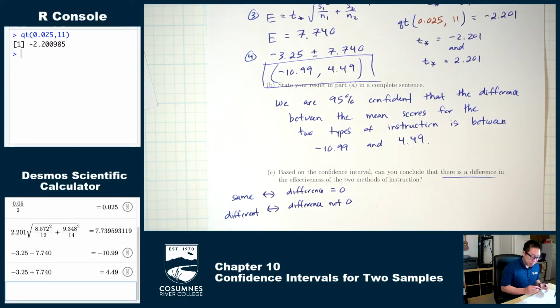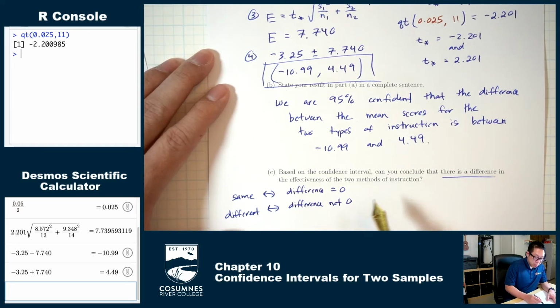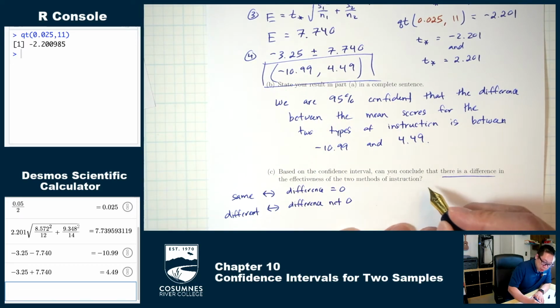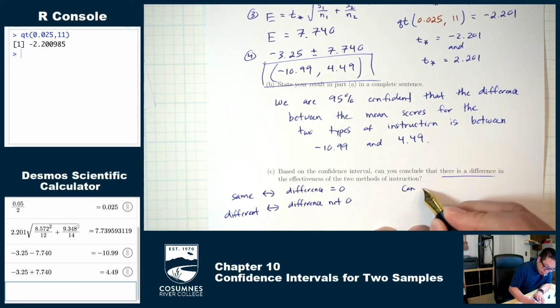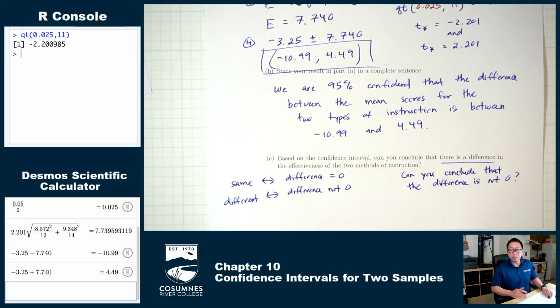Now, basically what this question is asking is, can you conclude that there is a difference? Can you conclude that the difference is not zero? So can we conclude that the difference is not zero?